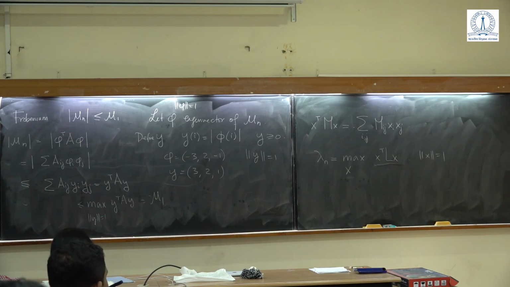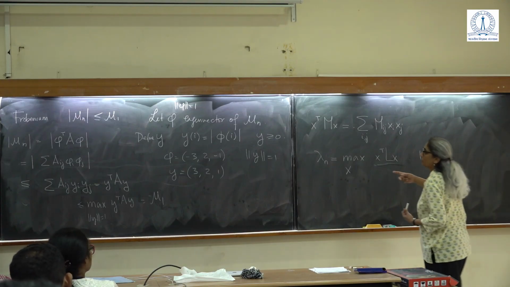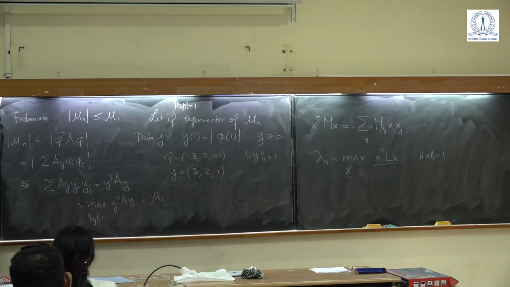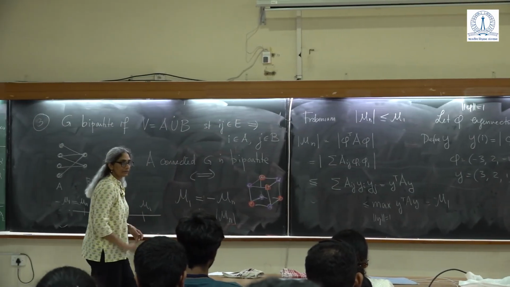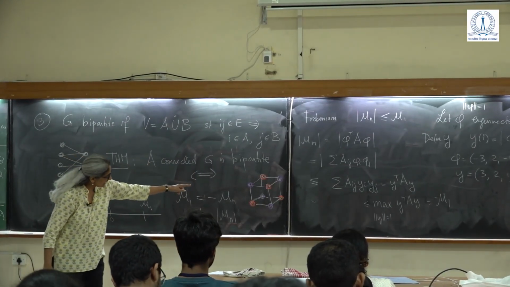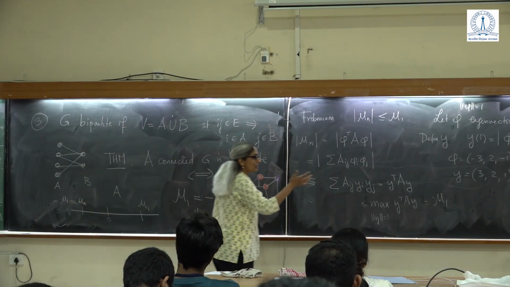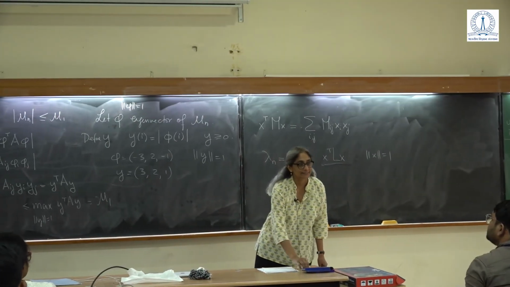Good? Where are the problems? There are two inequalities, right? In the bipartite graph theorem, we are told that mu 1 is minus mu n, so the absolute value of mu n is mu 1. If I want to make all the inequalities into equalities, what has to hold? Let's think about that, and hopefully the bipartition falls out of that.